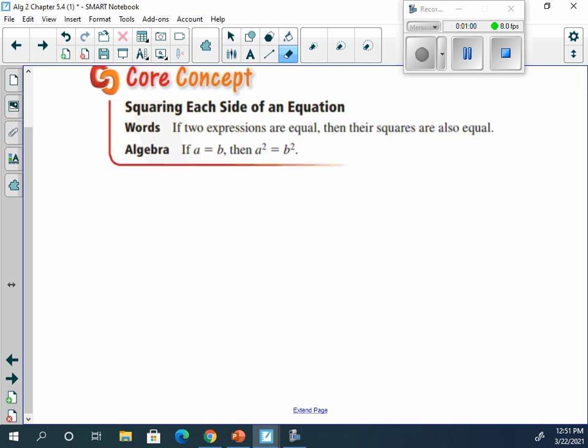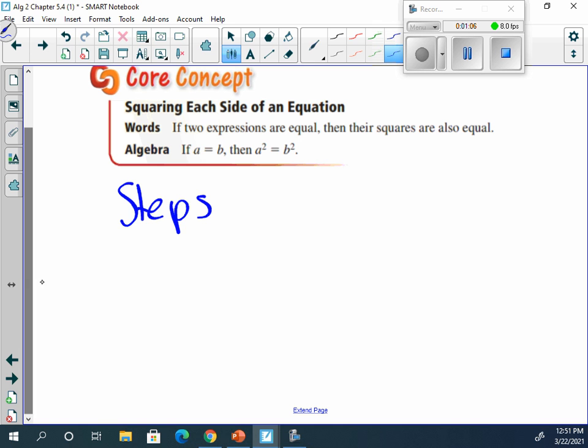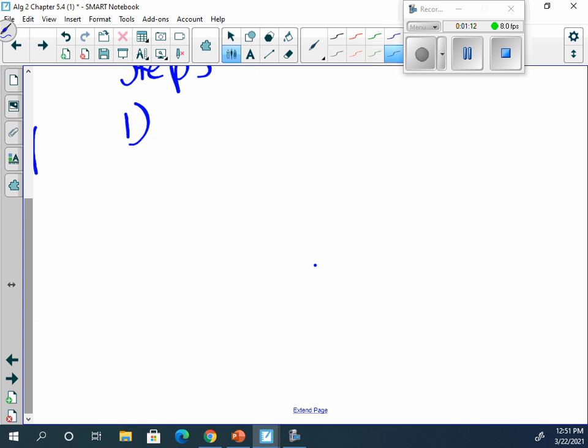Now, when we solve radical equations, let's have some steps. These steps are for when we only have one radical in the equation.